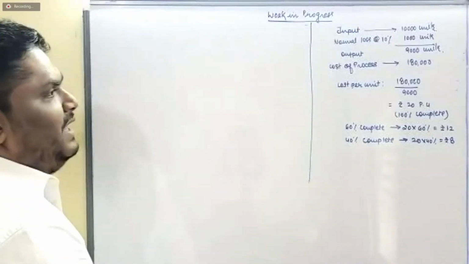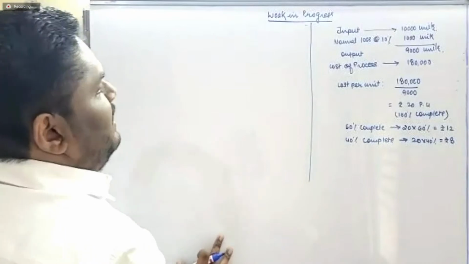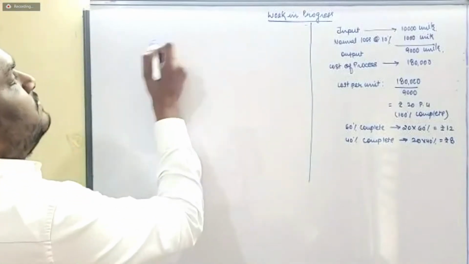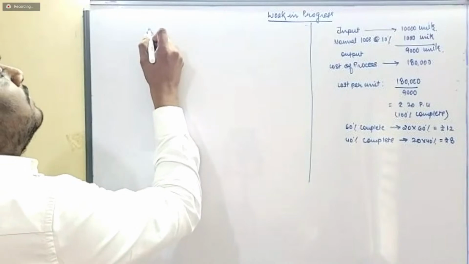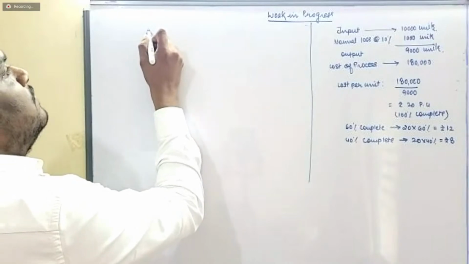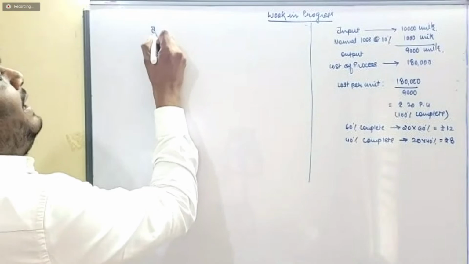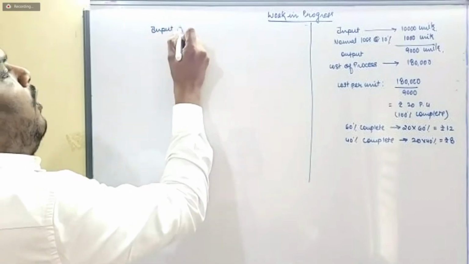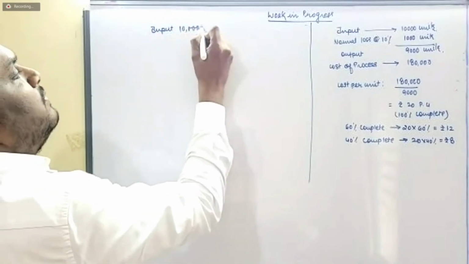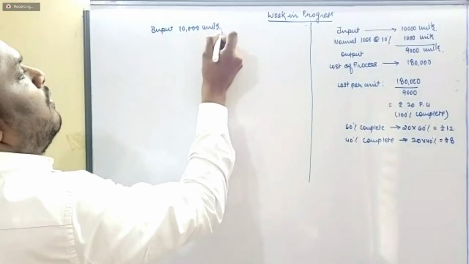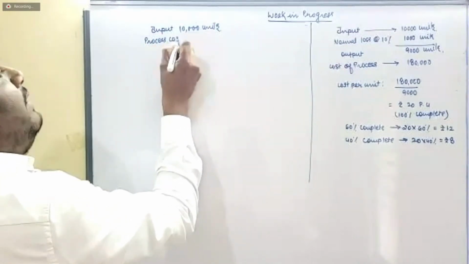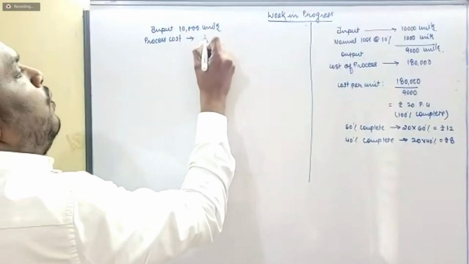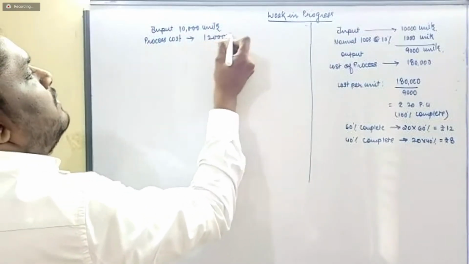Let's take a different scenario wherein I have made an input of 10,000 units. My process cost is less, let's say 1,20,000 rupees.